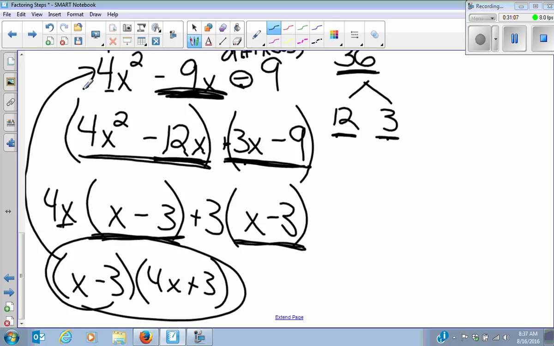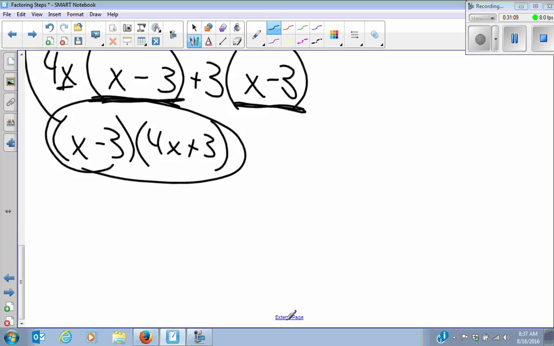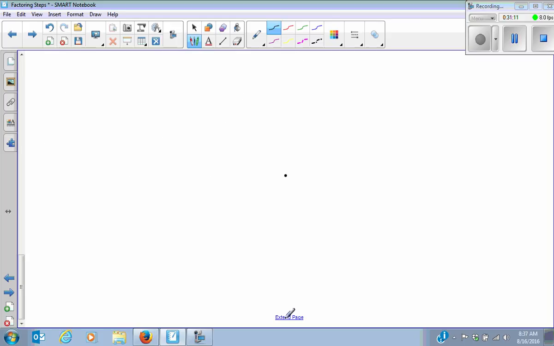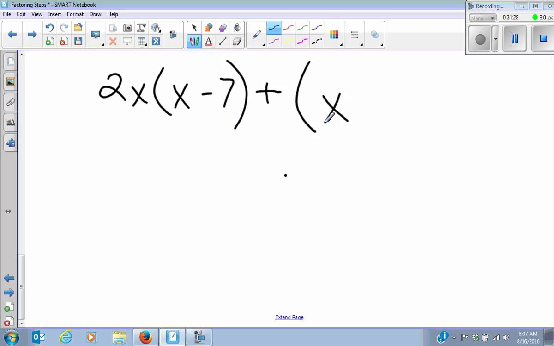Now I'm going to draw a case up here just to show you what can happen. I'm not going to make a whole problem of it. I'm going to show you the factored part, the bubble part. So let's say I have this, 2x plus x minus 7. And over here, my bubble is already an x minus 7.